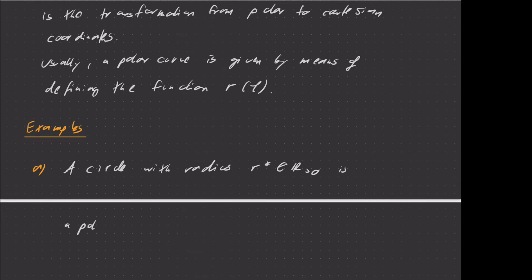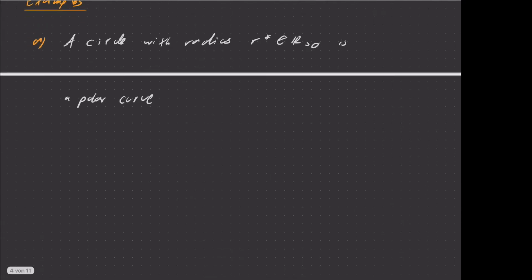Is a polar curve. And for example, it can be represented as the polar curve gamma from 0 to 2 pi, given as gamma of phi equals radius times cosine of phi, radius times sine of phi.